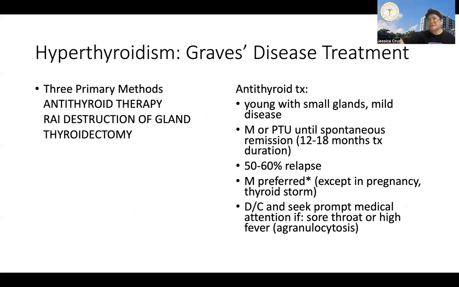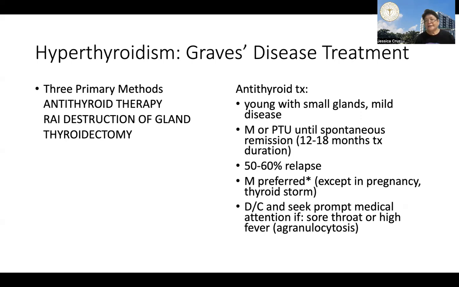What about the other extreme? So usually it's Graves' disease. So we can give antithyroid therapy or radioactive iodine or thyroidectomy surgery. Now, antithyroid therapy is preferred in young individuals with mild disease and small glands.